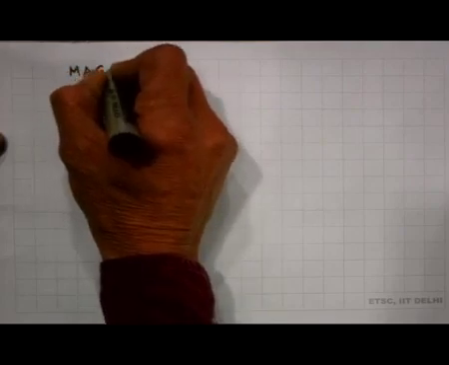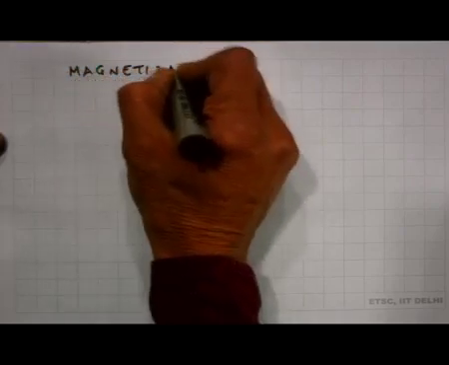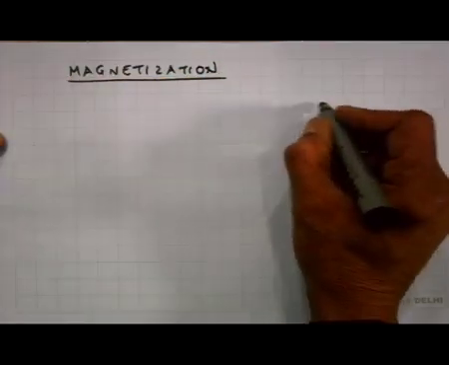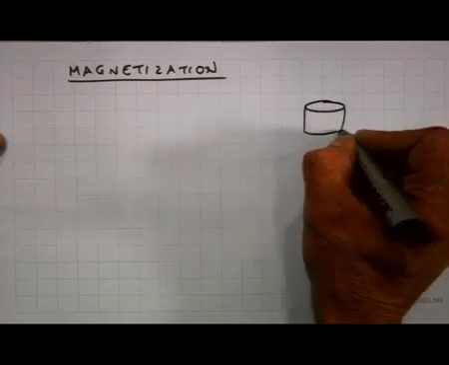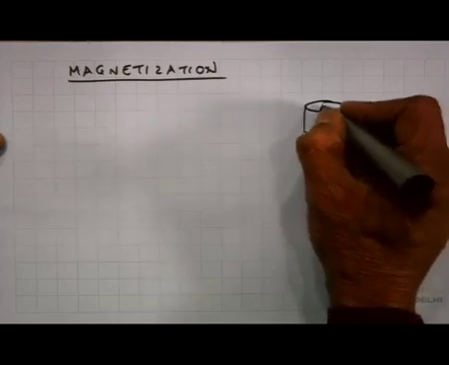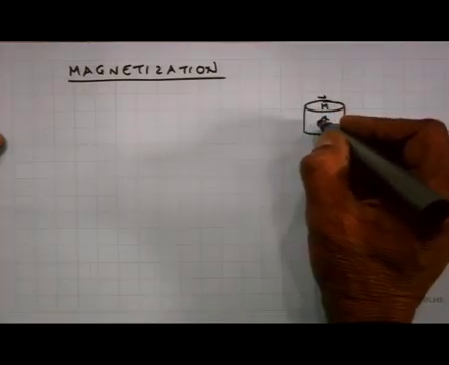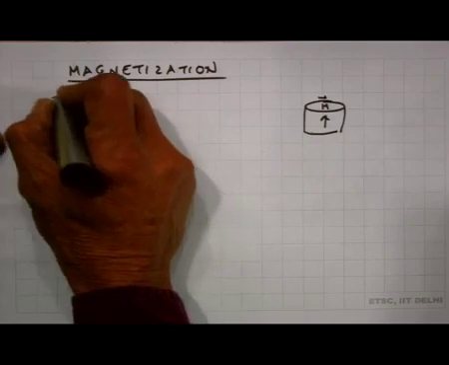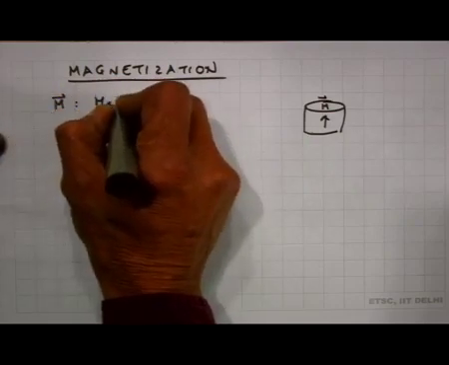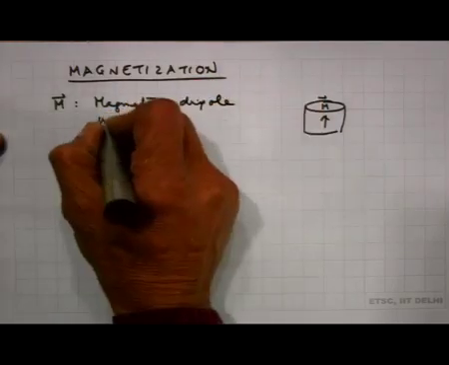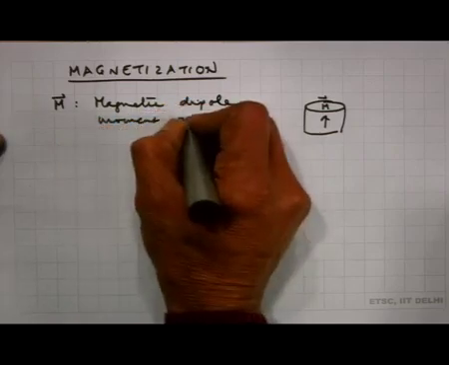Let me recall that we are looking at magnetization. We have seen that if you take a cylinder like this, magnetized in this direction parallel to the axis, then magnetization is magnetic dipole moment per unit volume.